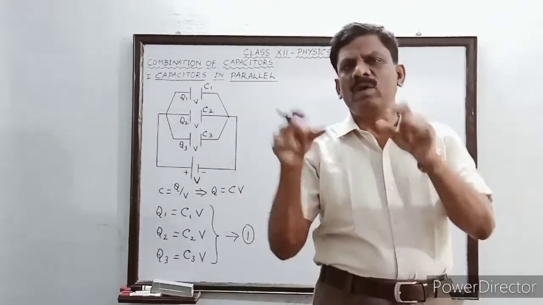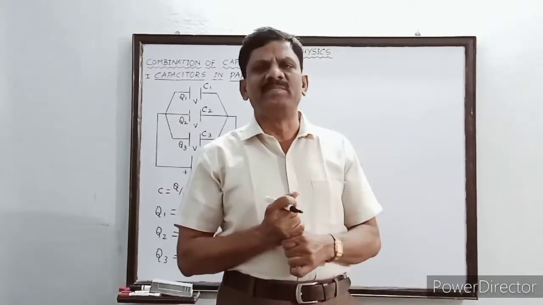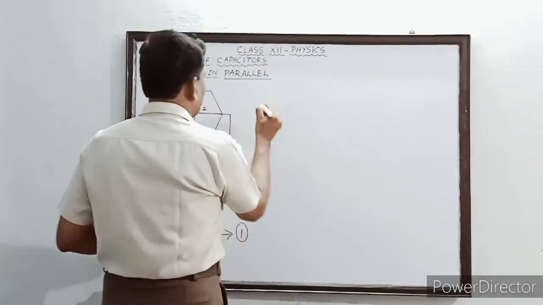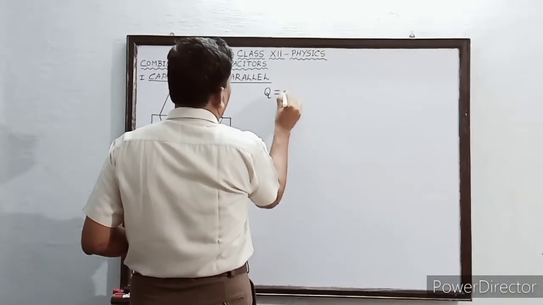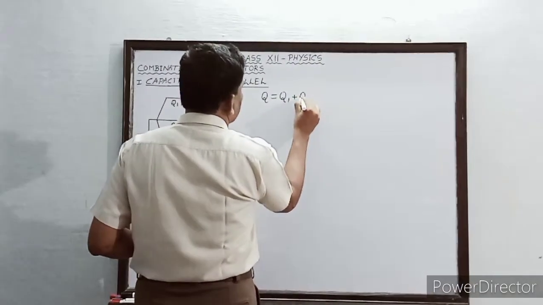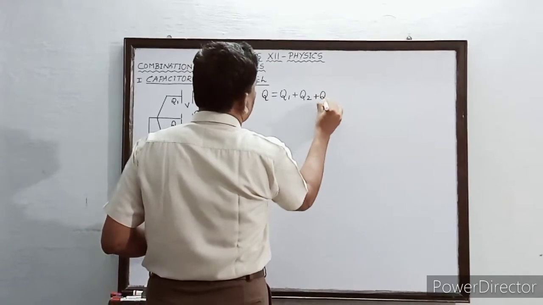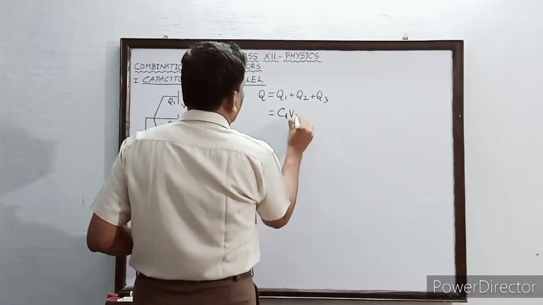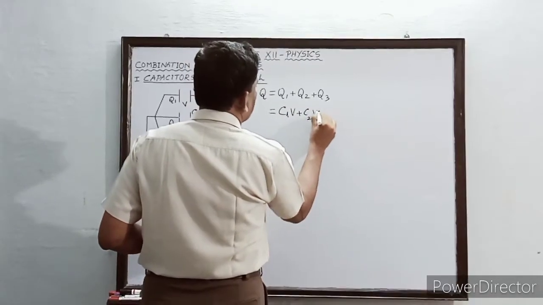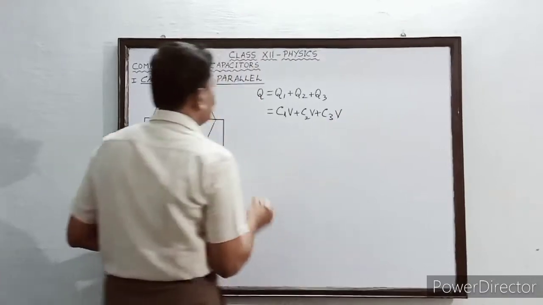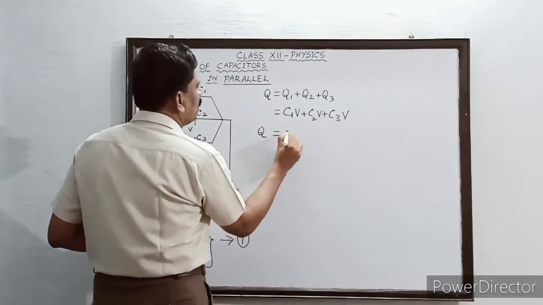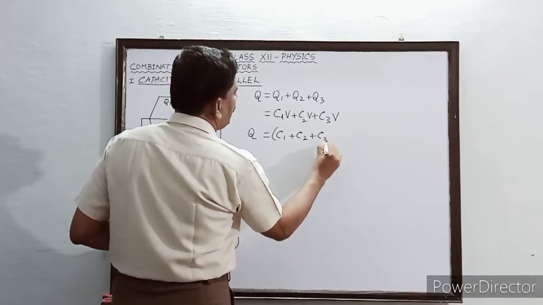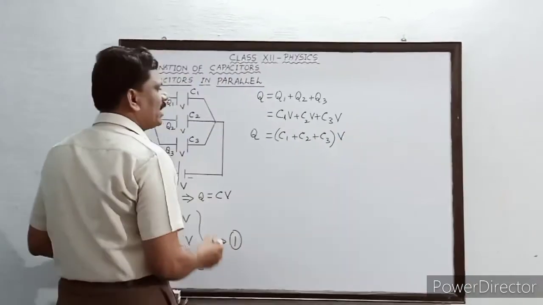So the total quantity of charge supplied by the battery must be equal to the sum of the charges Q1, Q2 and Q3. Therefore, Q is equal to Q1 plus Q2 plus Q3, and this is now equal to C1V plus C2V plus C3V, or Q is equal to C1 plus C2 plus C3, with V taken as the common factor.